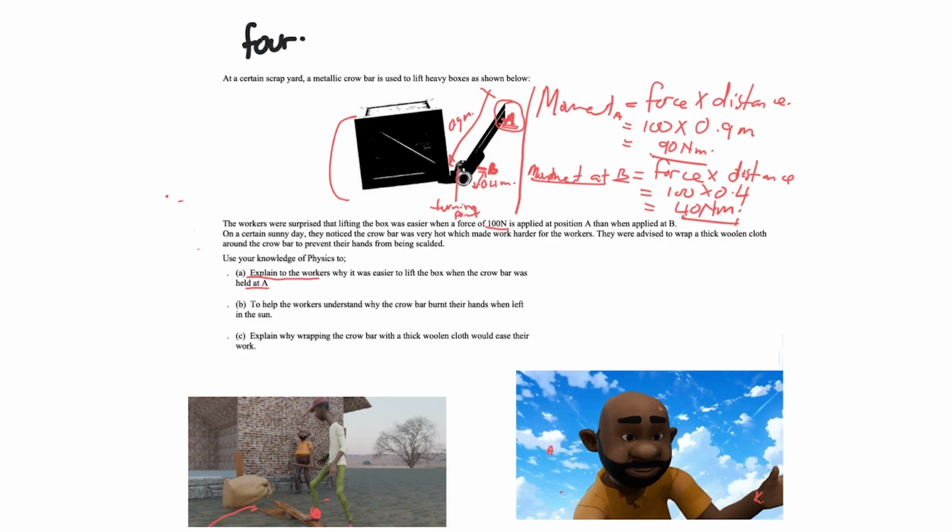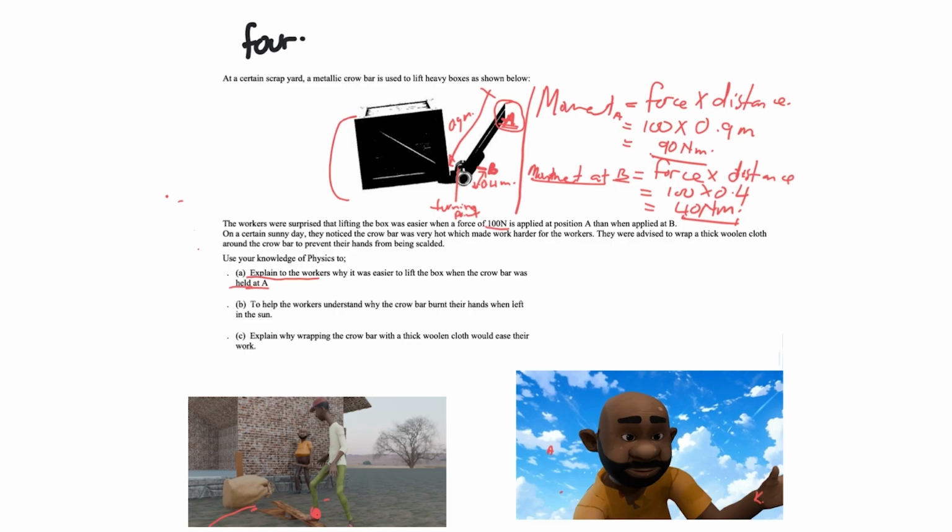So, this enables us to explain why it was easier to lift the box when the crowbar was at position A.